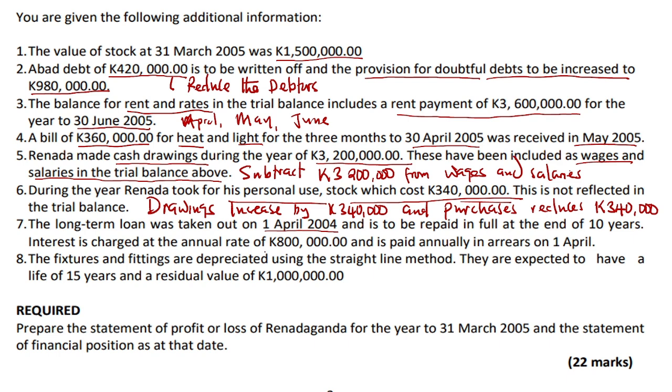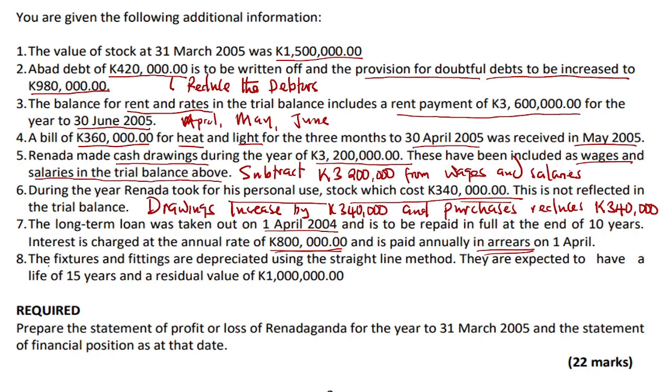The interest is charged at an annual rate of 800,000, and it's paid in arrears on 1st April, meaning it's paid at the end of the period. And arrears basically tells us that it's an owing. So take note, the annual interest is 800,000.